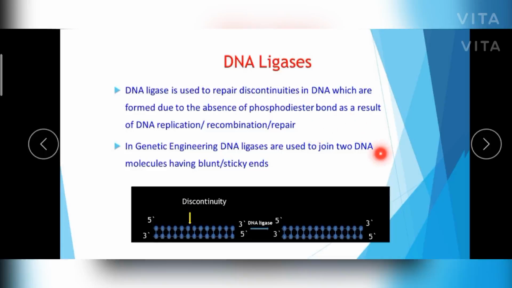For commercial purposes, they are generally used to seal blunt-ended and sticky-ended fragments in genetic engineering experiments. Wherever a discontinuity is formed due to the absence of the phosphodiester bond, those gaps are sealed by DNA ligases.